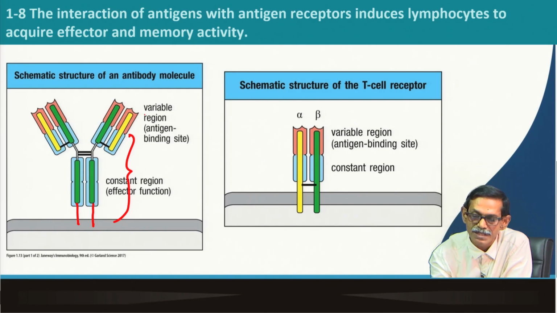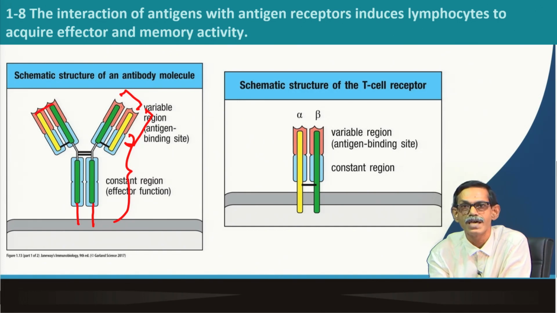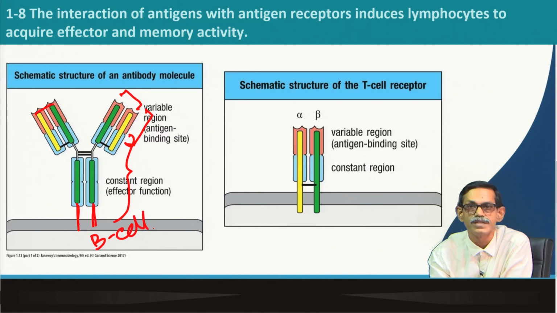The variable region, particularly this site, is responsible for antigen binding. When it is attached to the membrane of the B cell, it is the B cell receptor.